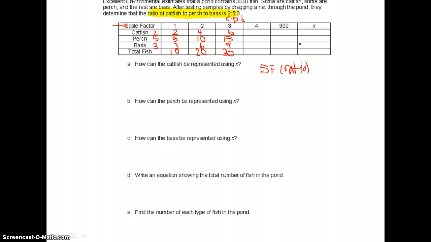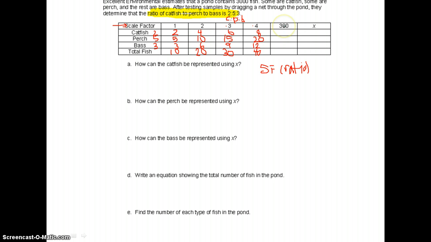Okay? So now, let's take our scale factor of 4 and multiply. So we'll do 4 times 2, which is 8, 4 times 5, which is 20, and 4 times 3, which is 12. And if we add all 3 of those together, we get 40.